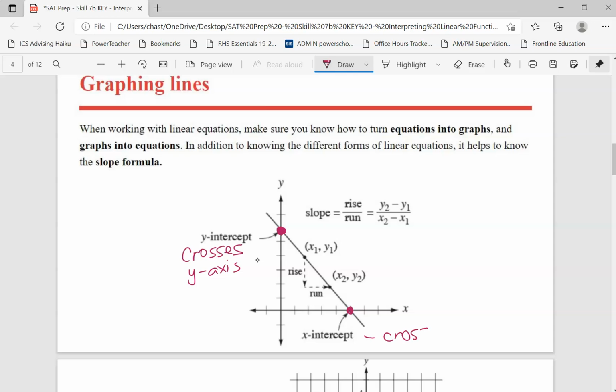To find the slope between 2 points, you find your 2 points. If you know them on a graph, you could do your rise over your run. Or you could take your y-coordinates, subtract them on top, and then subtract your x-coordinates in the same way on the bottom. Okay, so a lot of information here.